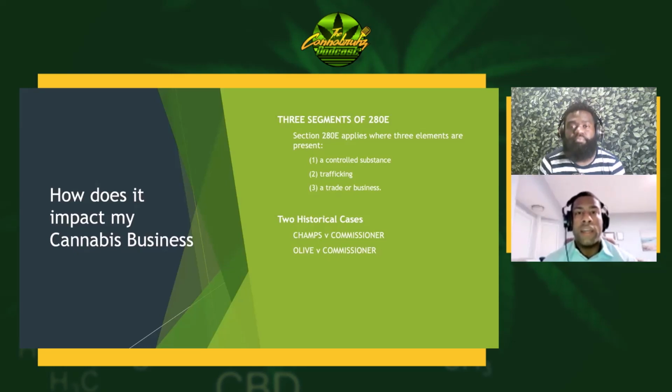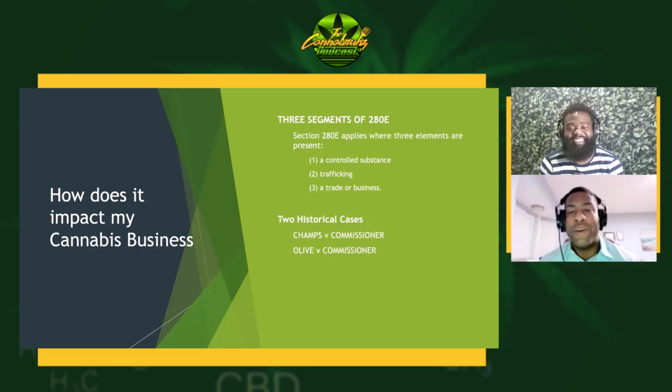Make sure you check out our Champs versus Commissioner game revealed, where we break down thoroughly how Champs overcame and beat the IRS in the long run, and how it sets the precedent for all cannabis cases and cannabis businesses going forward.